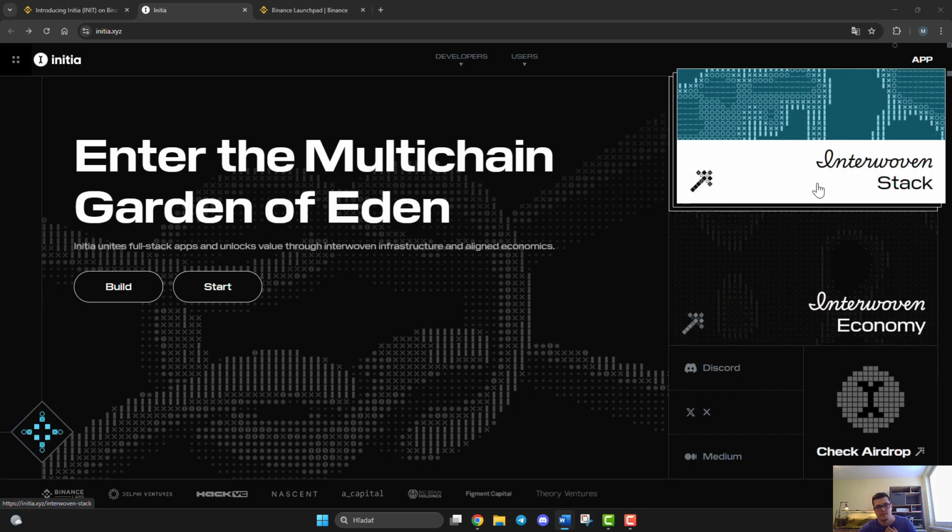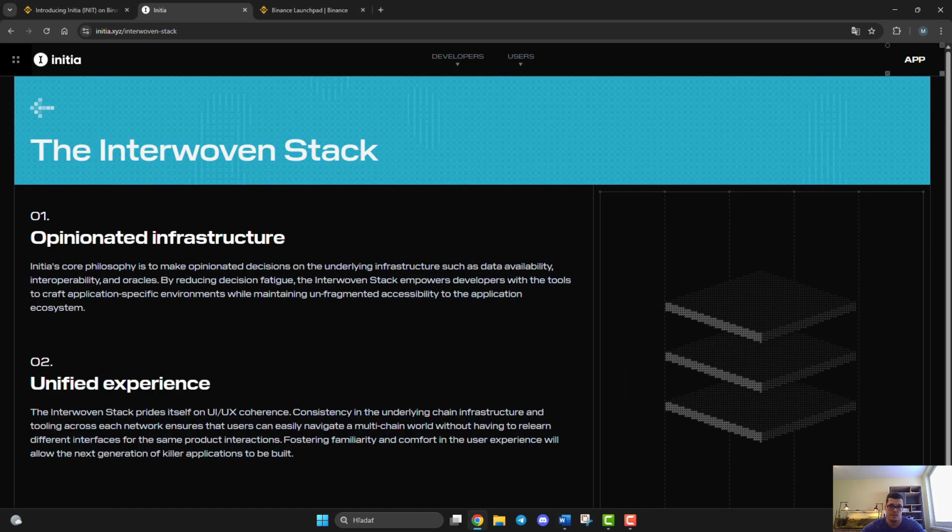As you can see on the main page, there are two main sectors. The first one is the Interwoven Stack. So what is it? The Interwoven Stack is a sophisticated infrastructure framework that connects multiple layer 2 rollups and the underlying layer 1, offering an integrated experience.